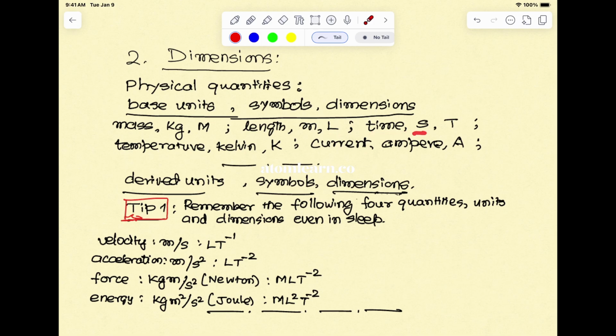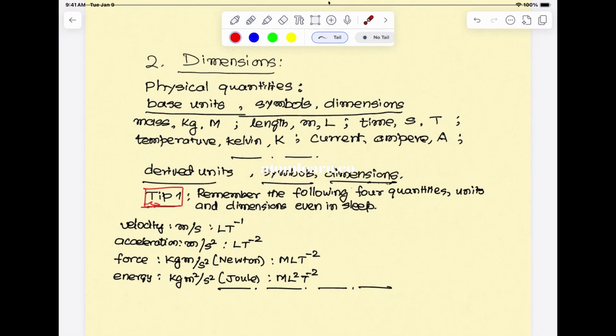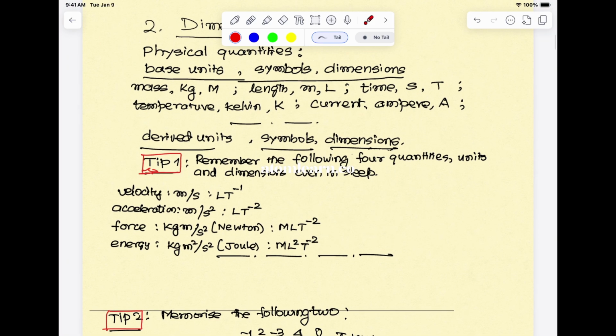Time, seconds, and T is the symbol. Temperature, Kelvin, and K is the dimensional formula. Current, ampere, and A. These are the 5 things which you should know, which you know already.